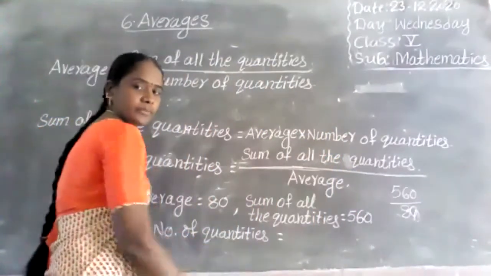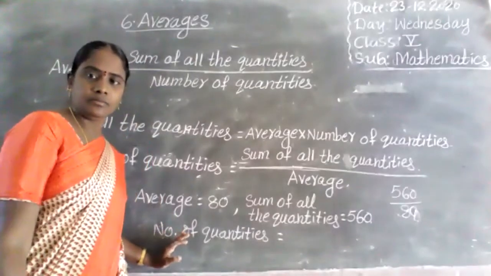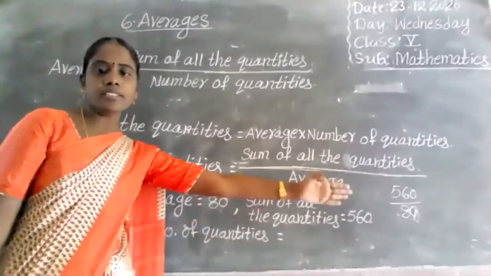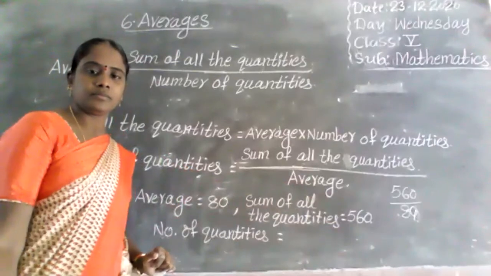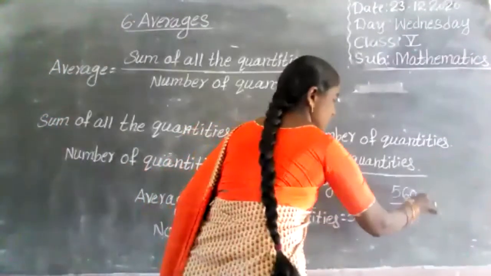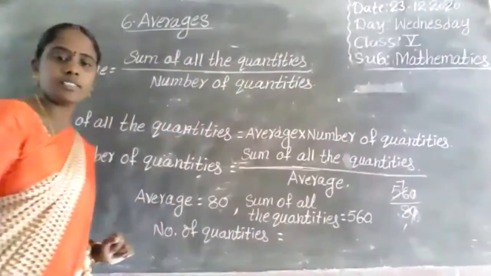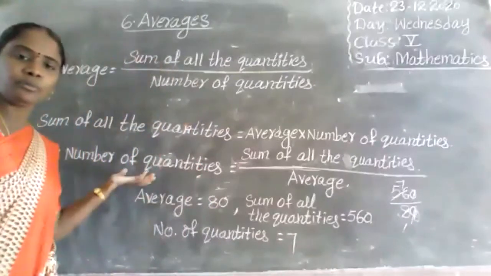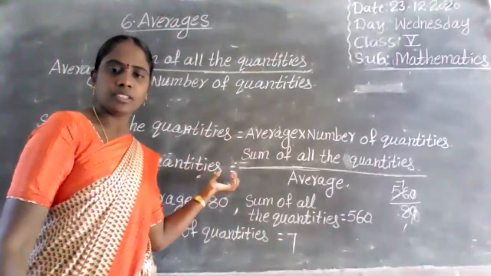What is the answer? 560 by 80. Say anyone. 0, 0 cancel. 8 ones are 8, 8 sevens are 56. Yes? 7. Number of quantities is 7. That is what was in the problem, 7 only. Correct or not?